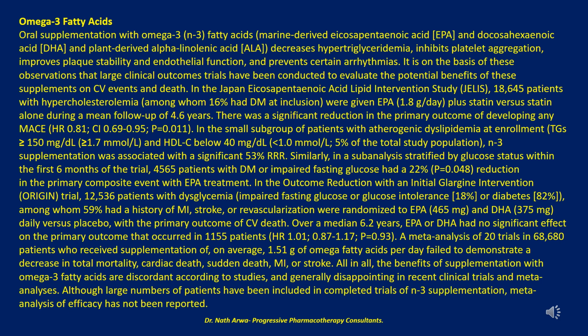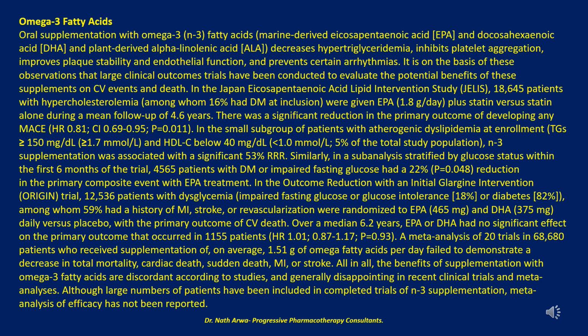In the Outcome Reduction with an Initial Glargine Intervention, ORIGIN, trial, 12,536 patients with dysglycemia, impaired fasting glucose or glucose intolerance, that is 18%, or diabetes mellitus, that is 82%, among whom 59% had a history of myocardial infarction, stroke, or revascularization were randomized to EPA, that is 465 mg, and DHA, that is 375 mg, daily versus placebo, with the primary outcome of cardiovascular death.